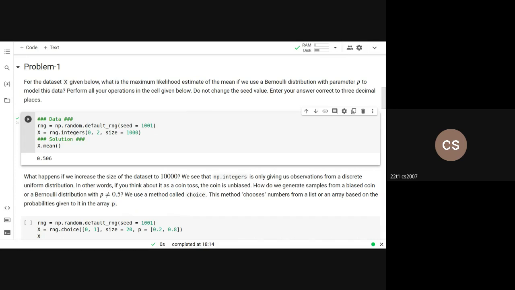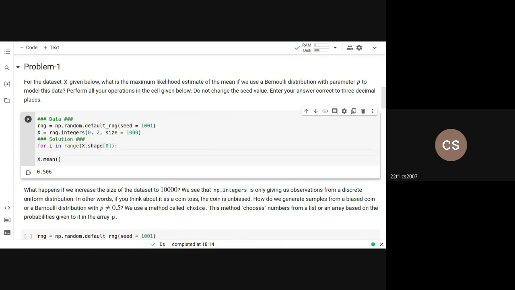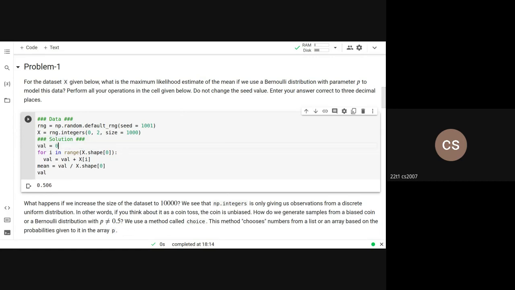Because you could go write a loop, say for i in range of x.shape[0], the number of points in the whole thing, and then you could say value equal to value plus x[i], and then finally the mean is equal to value divided by x.shape[0], right? This is what I've done. So print value, you will see that it's the same thing.